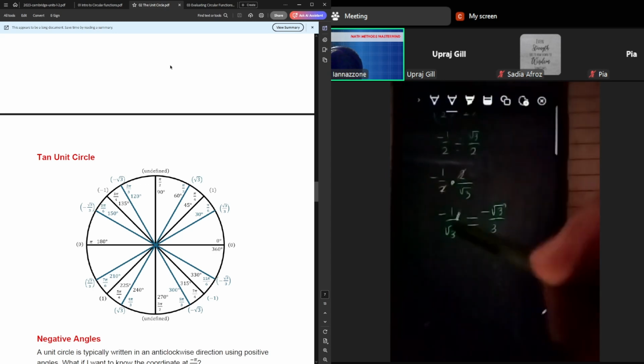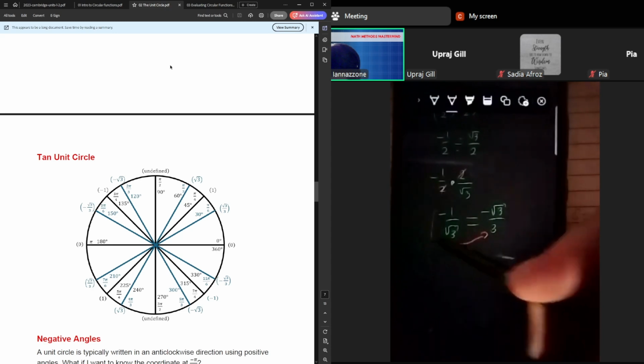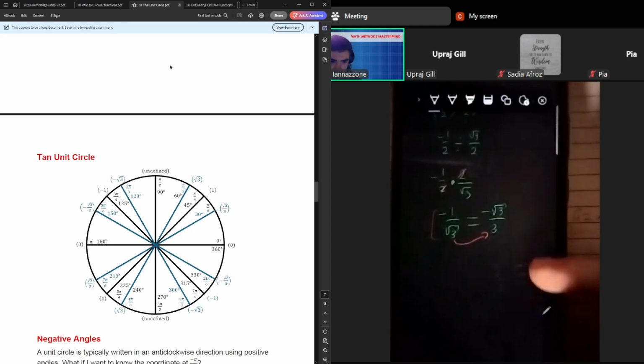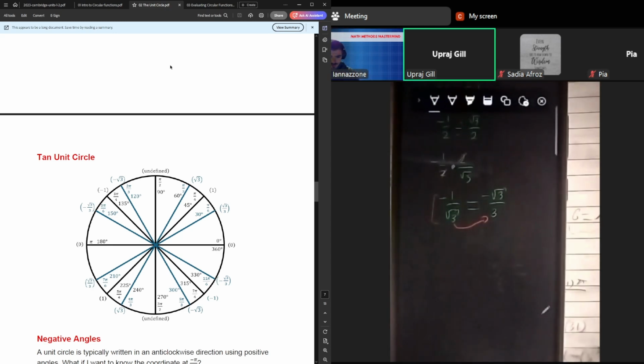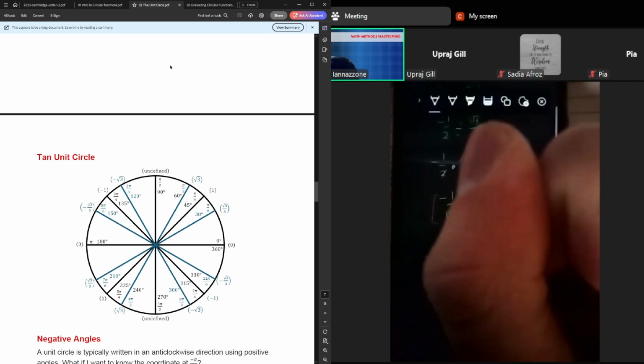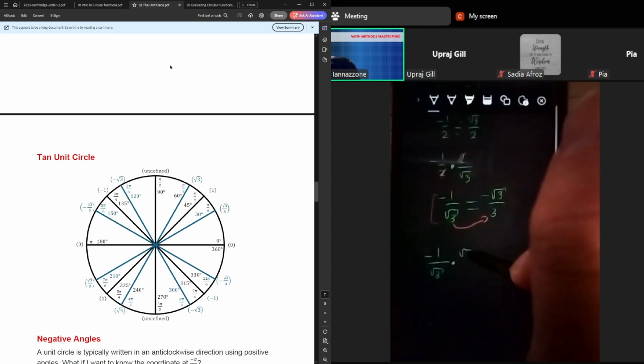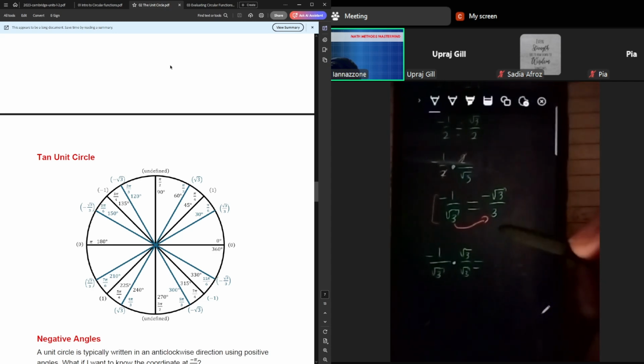So how does that actually look? Let's say I wanted to go from here to here. What do I actually do to this left-hand side to make it look like the right-hand side? You multiply by root 3 over root 3. Absolutely. So you got the -1 over root 3 from before, multiply by root 3 on root 3. That's the same as multiplying by 1.